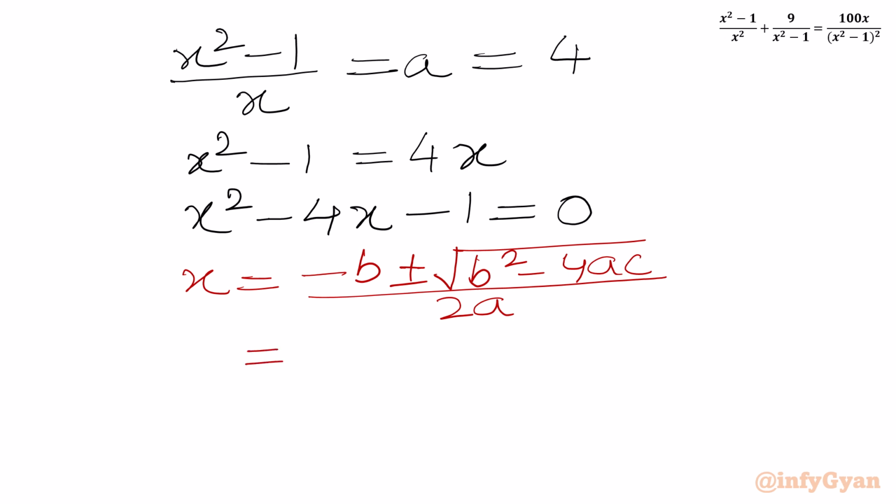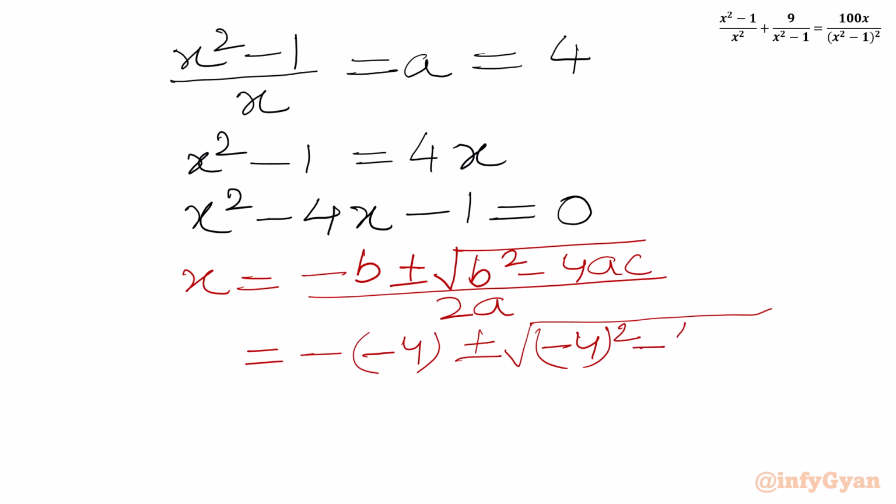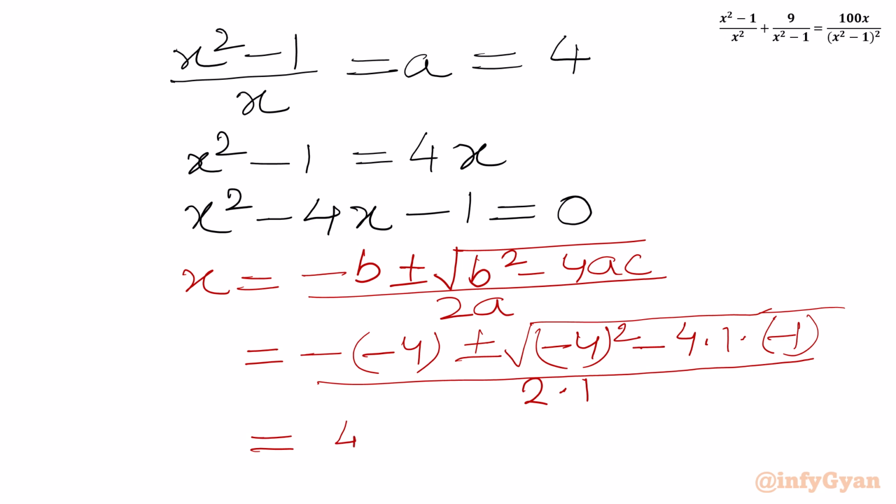So I can write here minus of minus 4, plus minus the square root of (−4)² − 4 times 1 times −1, over 2 times 1, which will give us (4 ± √(16 + 4))/2.